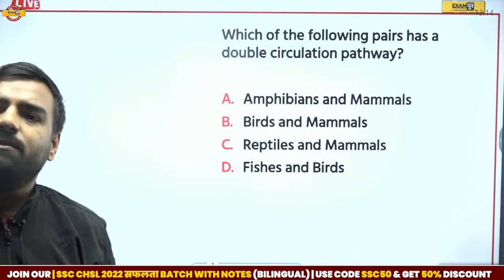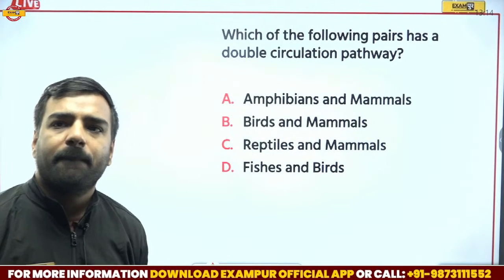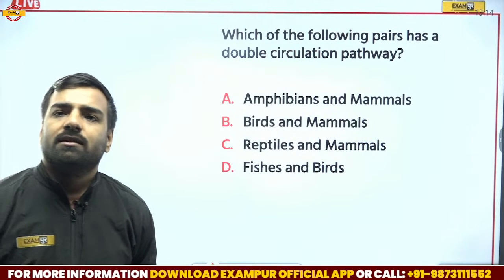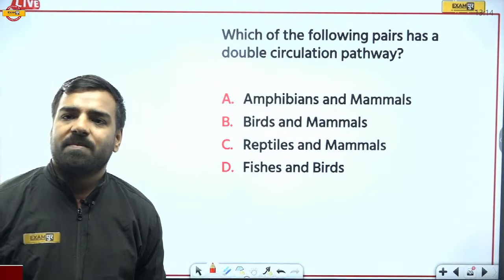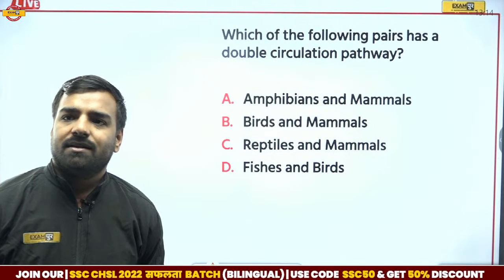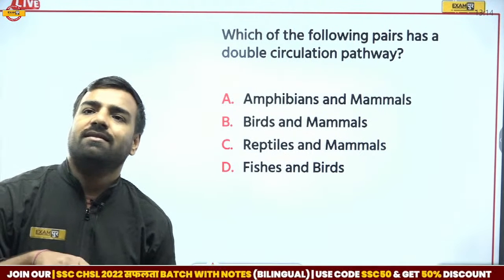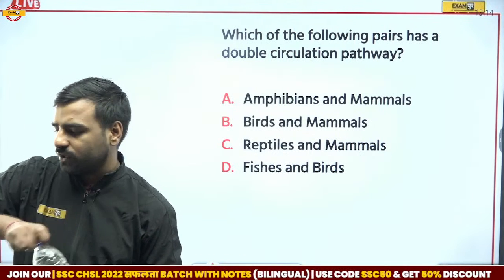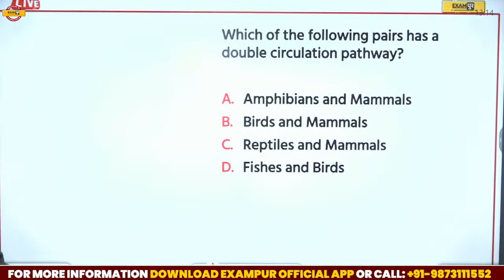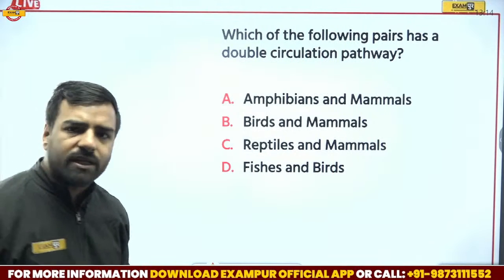So Jagdishan is going with birds and mammals. Okay. Others? Kirti, your answer is still pending. Muskan? Still waiting for the answer. See, Jagdishan is absolutely correct here.